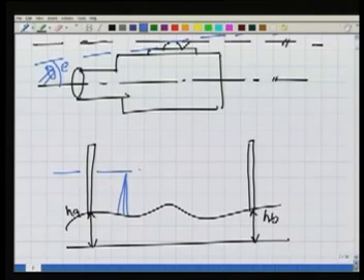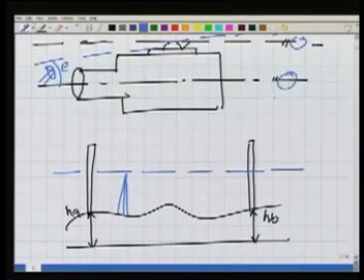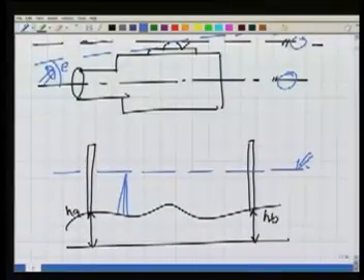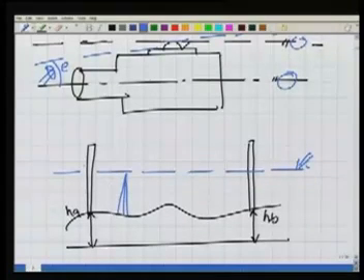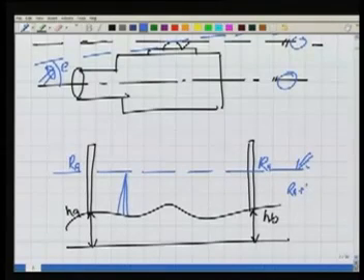If the axis of the bubble tube is parallel to the line of collimation, then once I bring my bubble to center, the axis of the bubble tube will be horizontal, and because it is parallel to the line of collimation, or line of sight, my line of sight will also be horizontal. So this line is the horizontal line of sight, and for this line the observations RA, RB will satisfy our equation: RA plus HA equals RB plus HB.